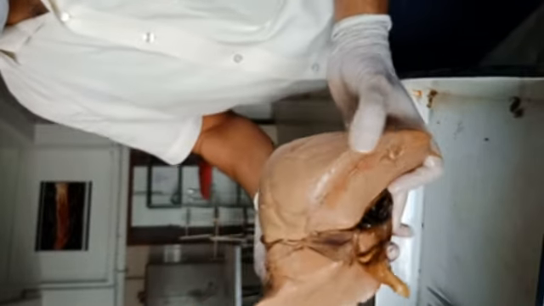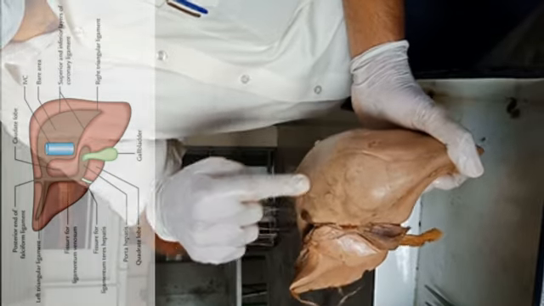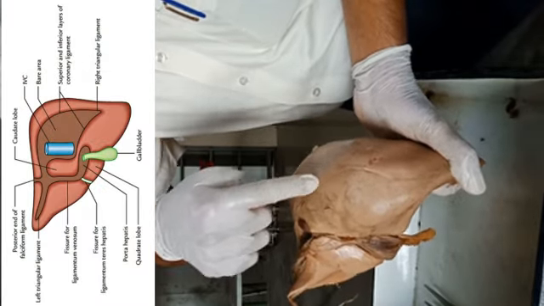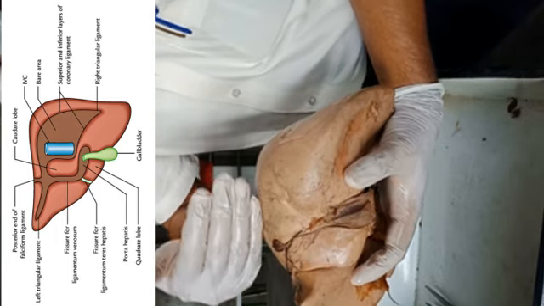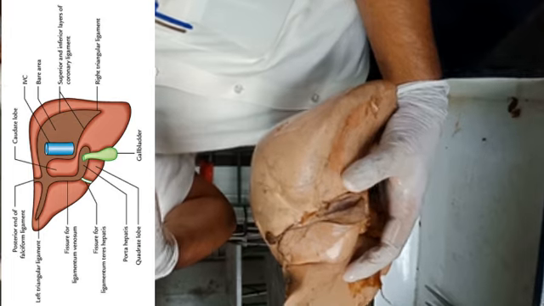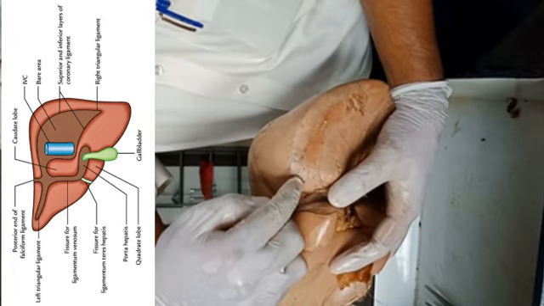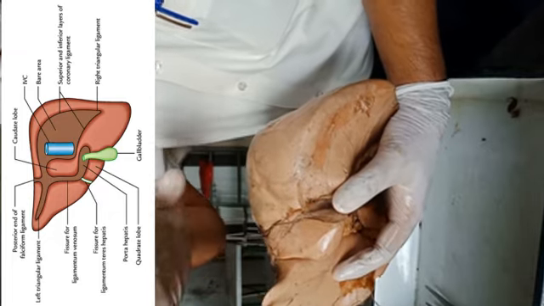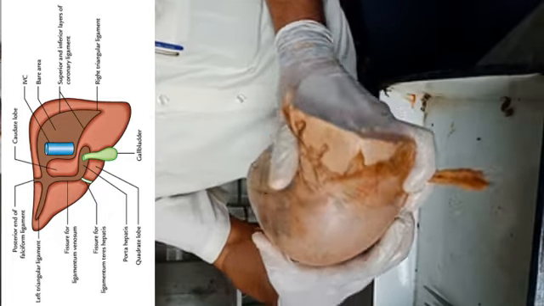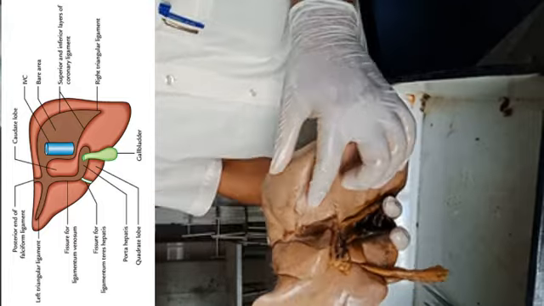Now coming to the coronary ligaments. Earlier you have seen this bare area, clearly you can see the demarcation. That is the attachment of the upper layer of the coronary ligament, which attaches the liver to the diaphragm, and this lower layer of the coronary ligament is attached to the upper part of the kidney. Now coming to the right triangular ligament.